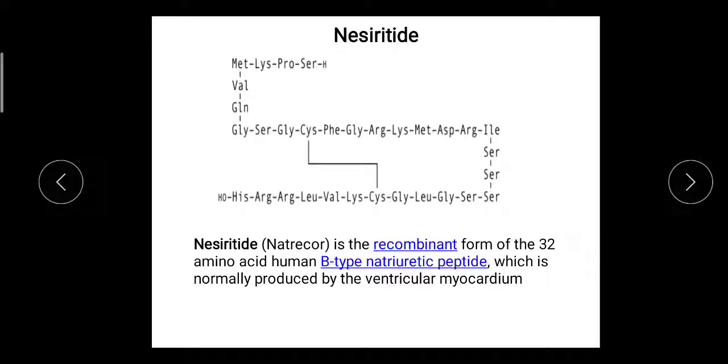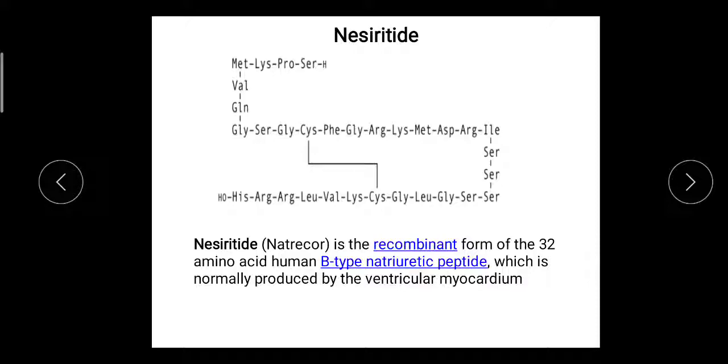Nesiritide, a synthetic formulation of B-type natriuretic peptide, is the first new parenteral agent to be approved for treating heart failure in more than a decade. So this is an introduction about nesiritide.